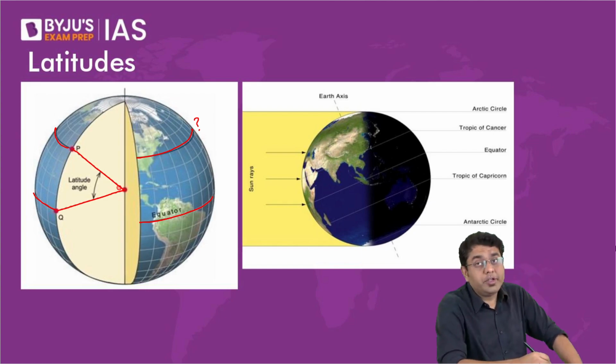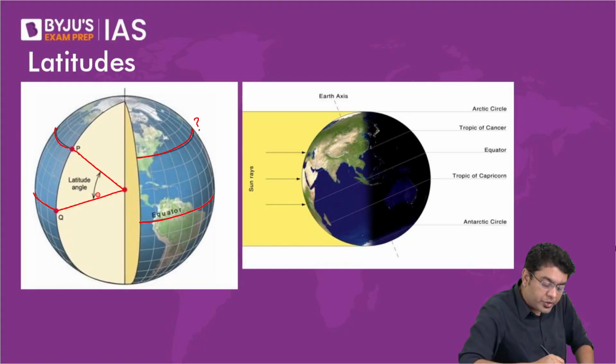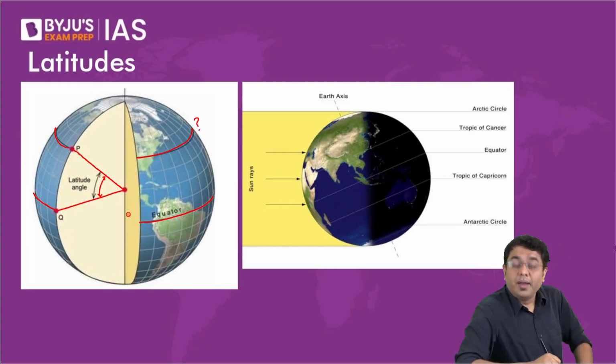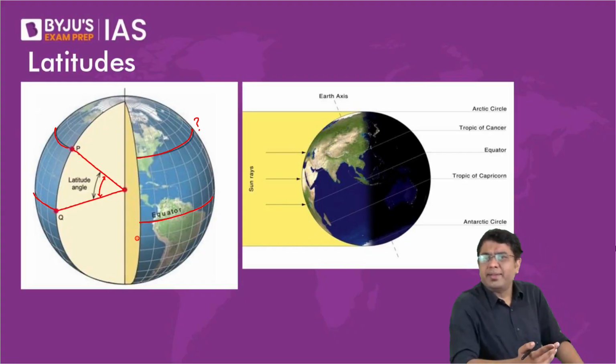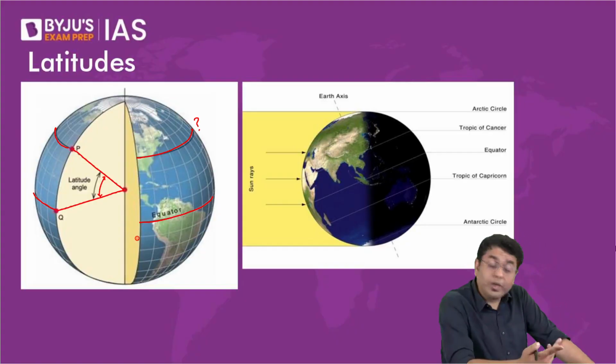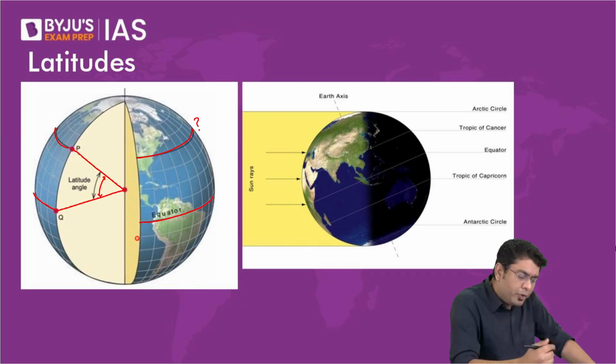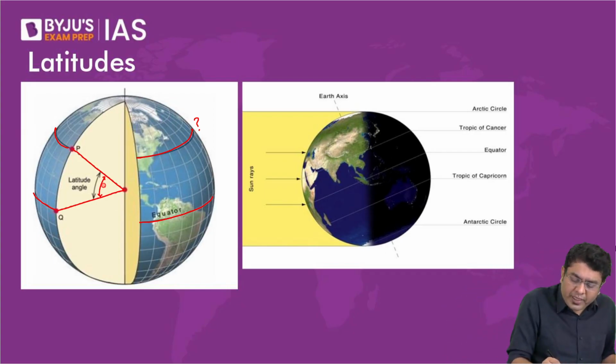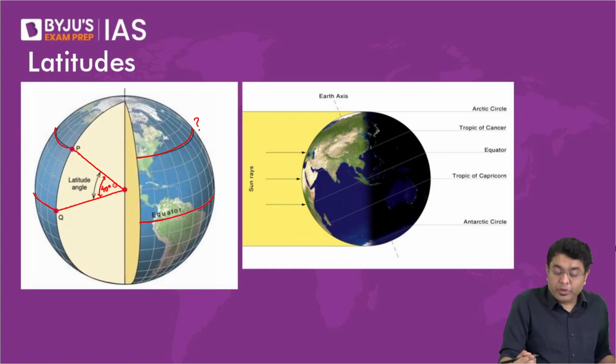And I will join these two. Now, whatever angle this comes out to be, it is to the north of the equator. Let's suppose this angle comes out to be 40 degrees. It is to the north of the equator. So this will be named 40-degree north.